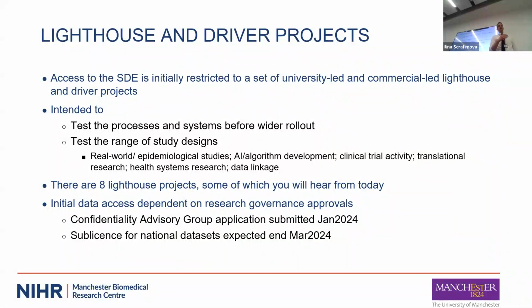The confidentiality advisory group is sort of the highest level of ethics approval that you can have, where you're trying to do such difficult things that are potentially controversial, but this is progressing well. We also need to get a sub-license to be able to get access to hospital episode statistics, and that's expected by the end of next month.